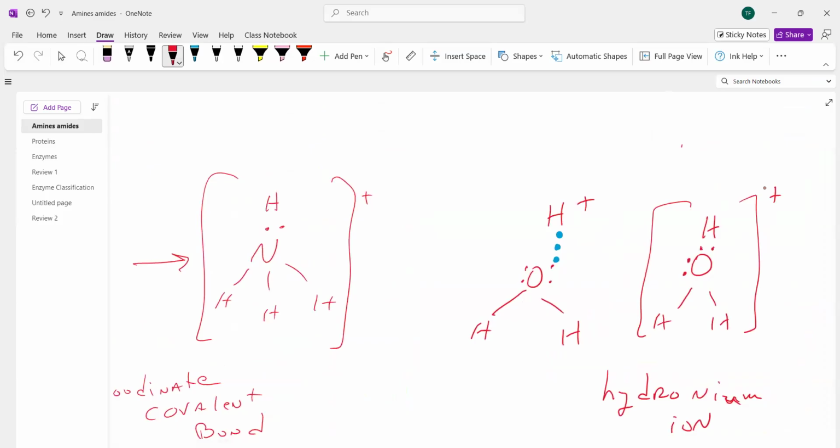So in water, that is the correct way to write H plus.